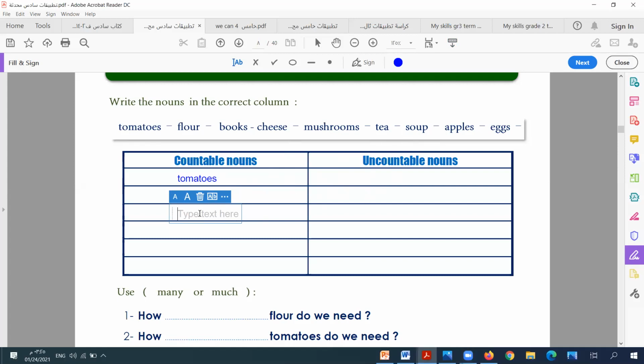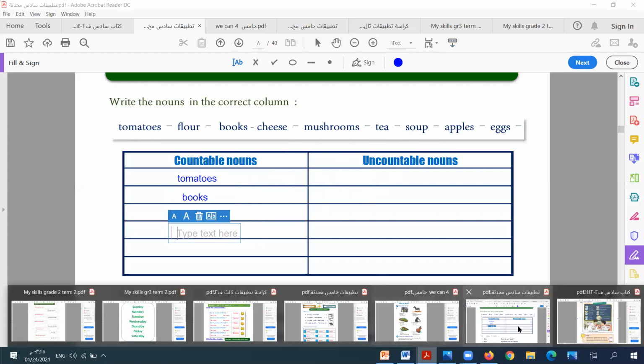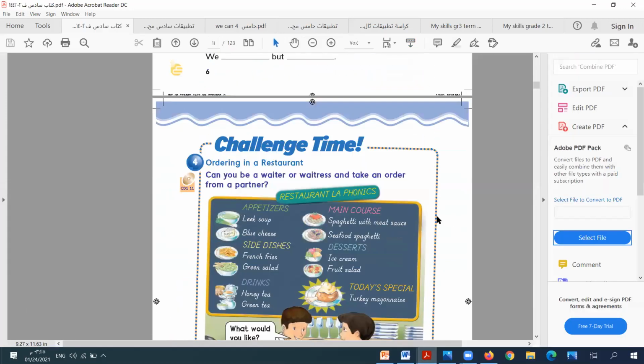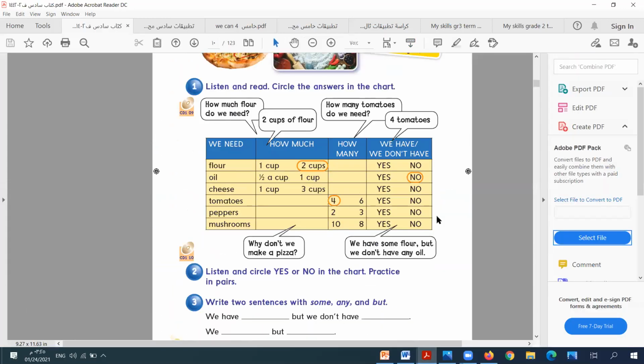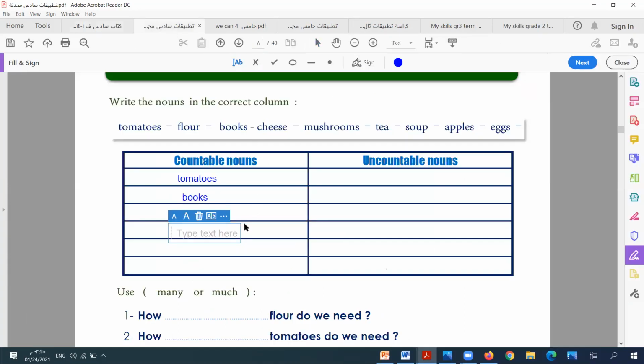Where is it? Apples. Yes, here. Mushroom, M-U-S-H-R-O-O-M-S, mushrooms.